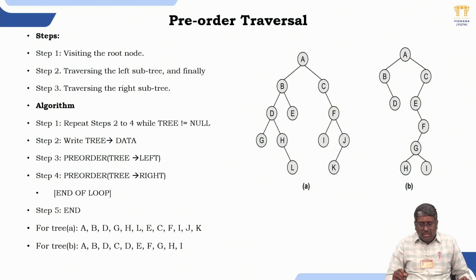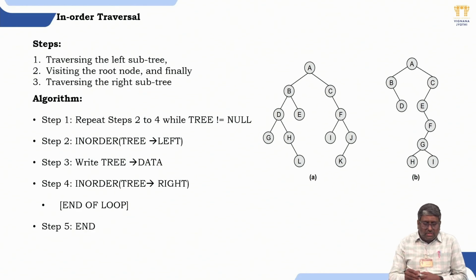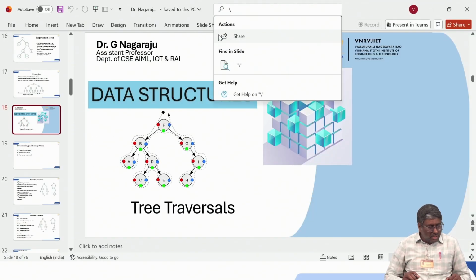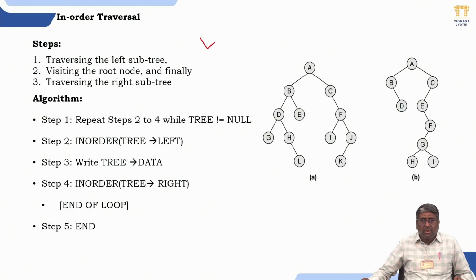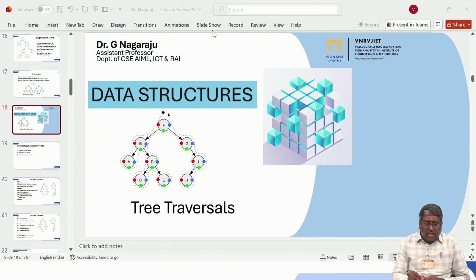Then the next one is in-order traversal. In the in-order traversal, first we visit the left subtree, then we visit the node, then we visit the right subtree. That type of traversing technique is called in-order traversal.